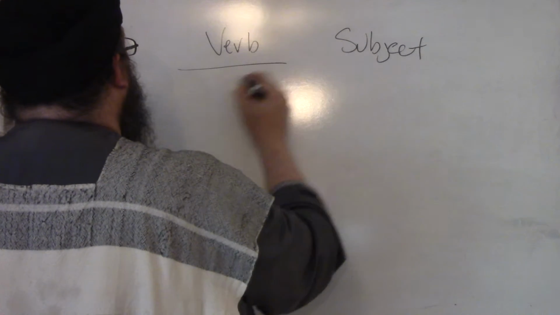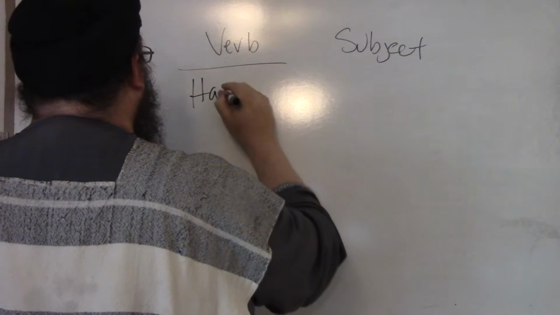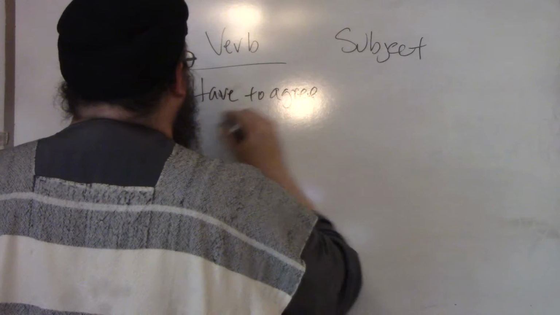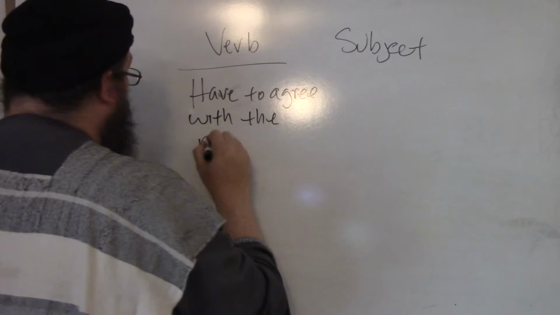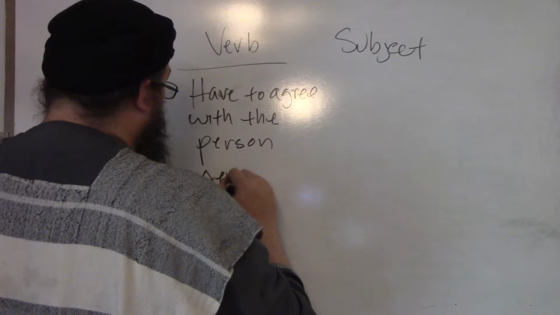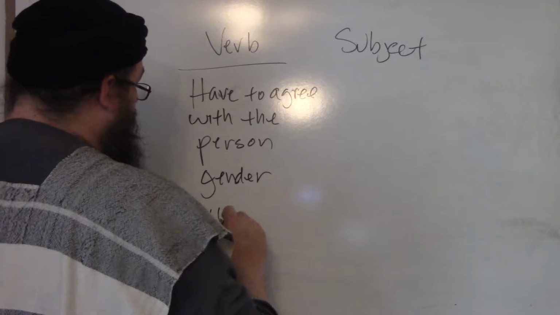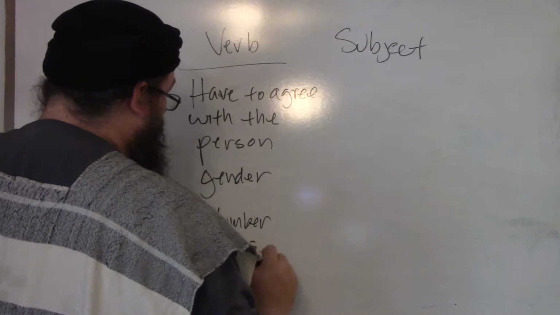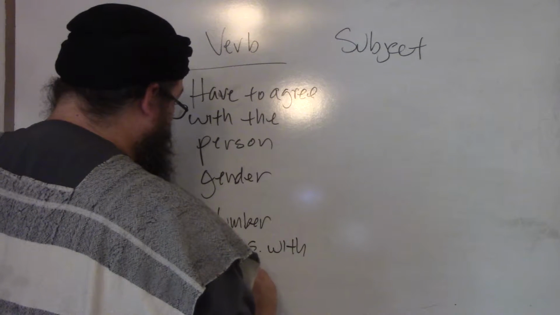Verbs, number one, have to agree with the person, with the gender, and with the number associated with the subject noun.